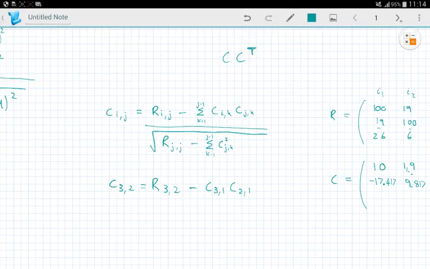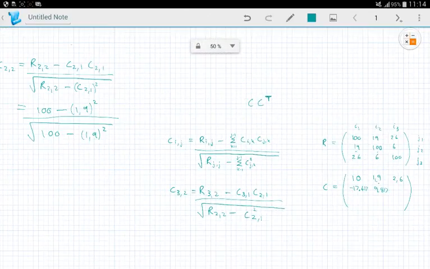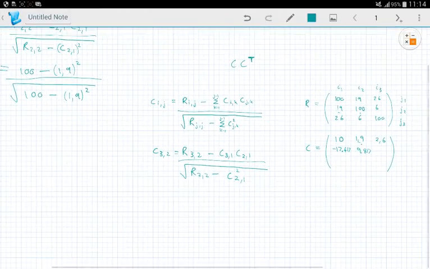Okay. Now it's going to be again R22 minus sigma J minus 1. So it's going to be C2,1 squared. Just trying to see how this differs from that one. Look, it's got the same denominator, that's the only difference, it's that little top thing.